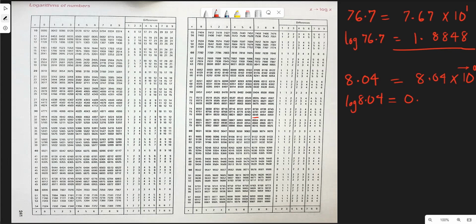Let's look for 80 under 4. 80, here it is under 4. We have 9053 as the log of 8.04. I hope we all understand this. If you have any questions, you can leave it in the comments below. Thank you.